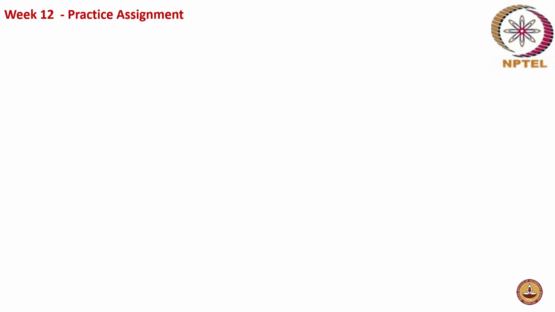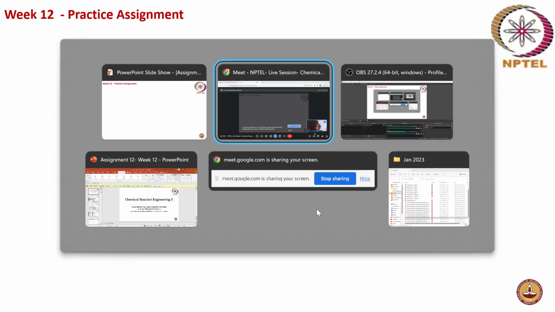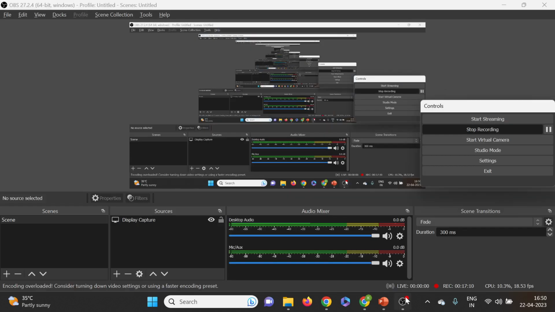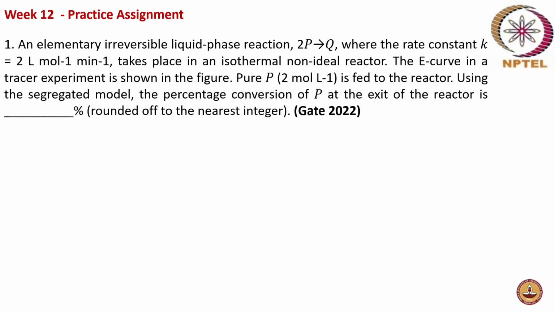Now let's get on to the practice assignment session for the week 12. Question number 1. An elementary irreversible liquid phase reaction 2P giving Q, where the rate constant K is equal to 2 liter per mole per minute, takes place in an isothermal non-ideal reactor.